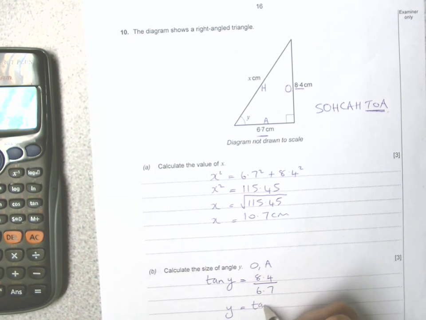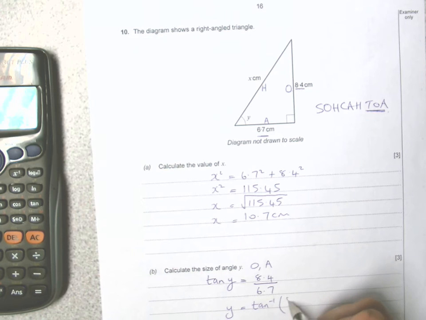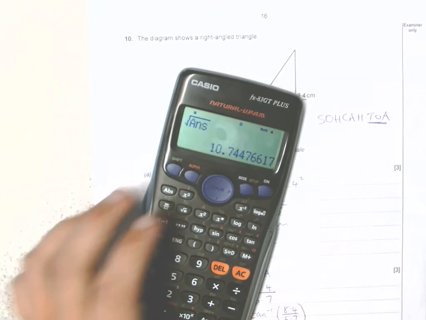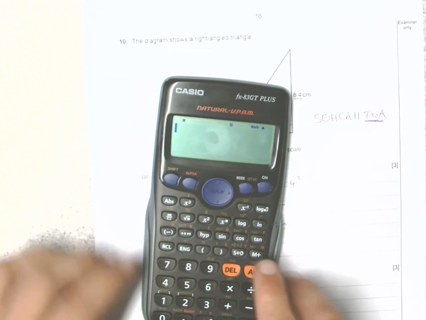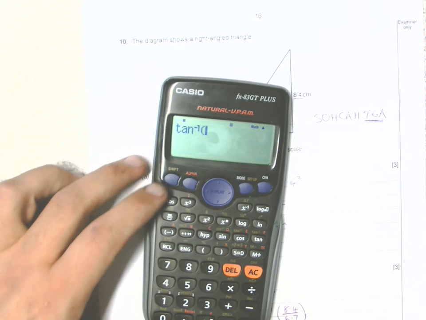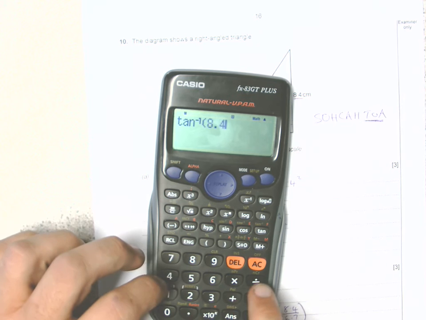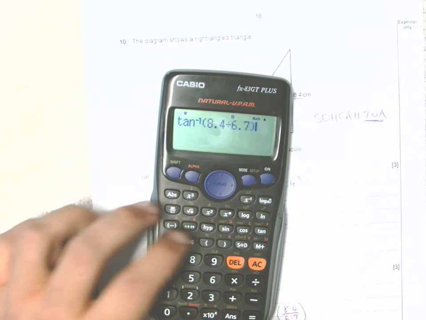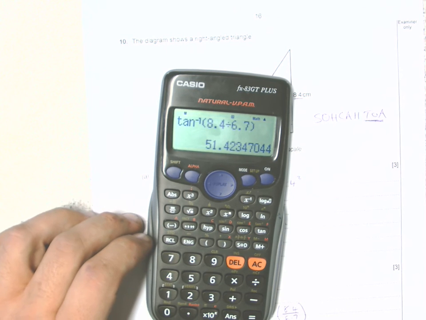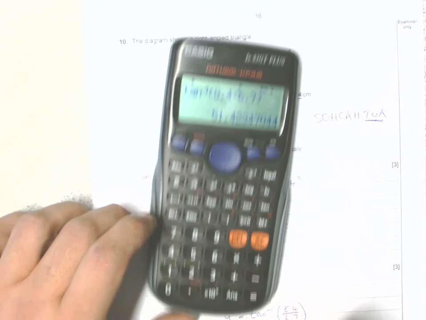So I do tan to the minus 1 of that fraction on my calculator. To get tan to the minus 1, you press shift tan 8.4 divided by 6.7 and you get the angle straight away, 51.4 degrees.